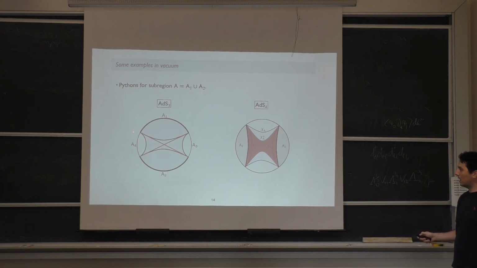So in this case, as I told you before, there are two locally minimal surfaces, and if the intervals are big enough, the entanglement wedge contains this region, which is beyond the causal wedge. And it turns out that in this case, the bulge is sort of singular, since it consists of two self-intersecting geodesics.